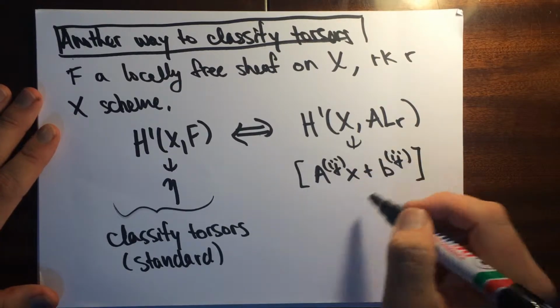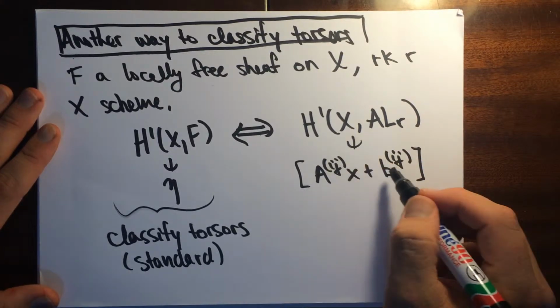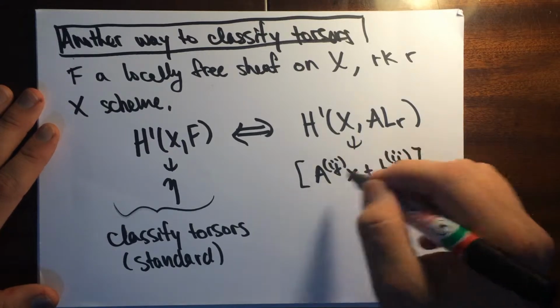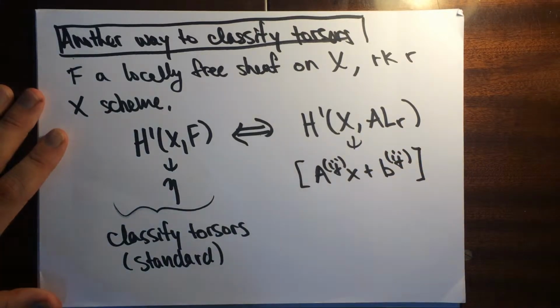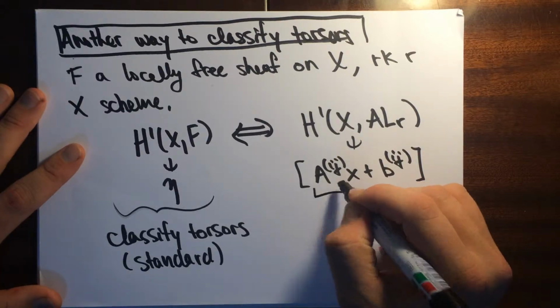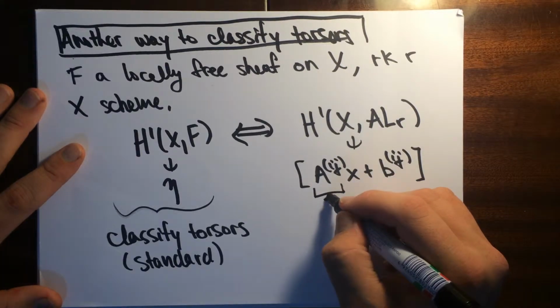Okay, so this is a matrix, and this is like a vector, and then you compose these here. The thing is that this guy here will have to be compatible.